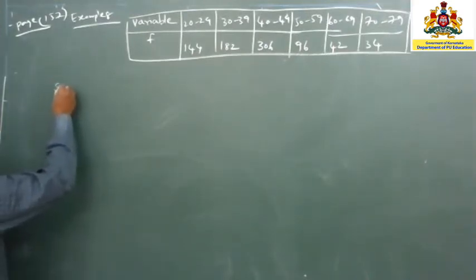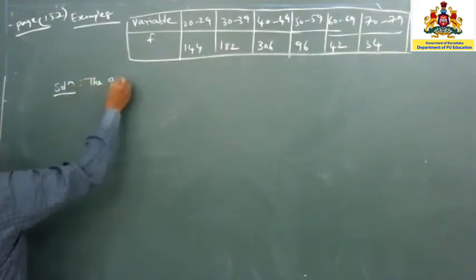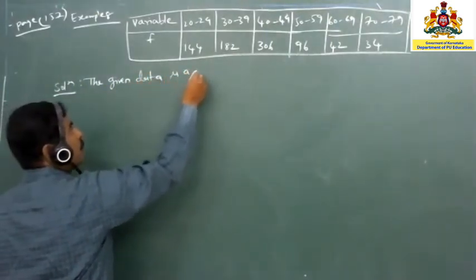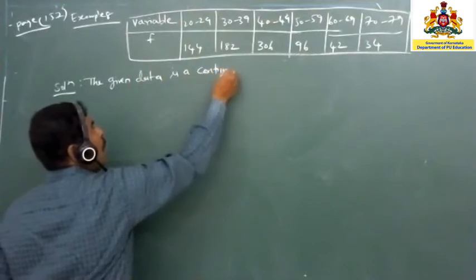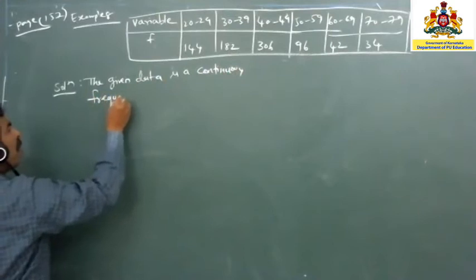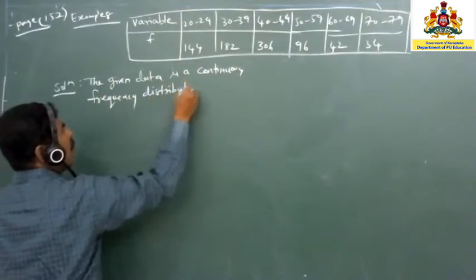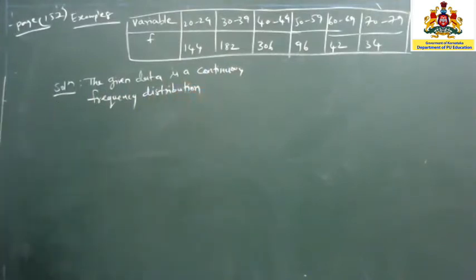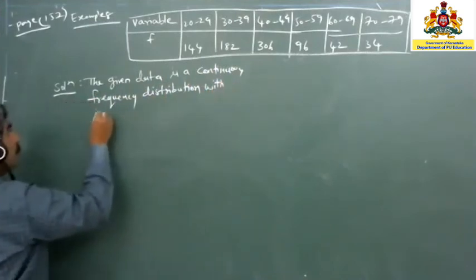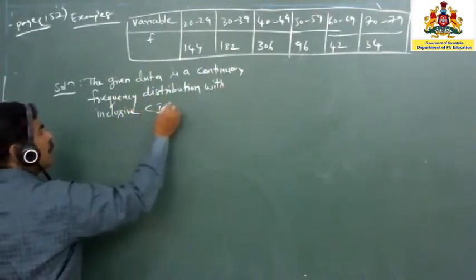Solution. The given data is a continuous frequency distribution with inclusive class intervals.